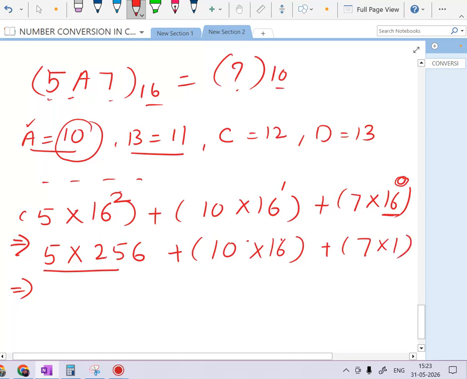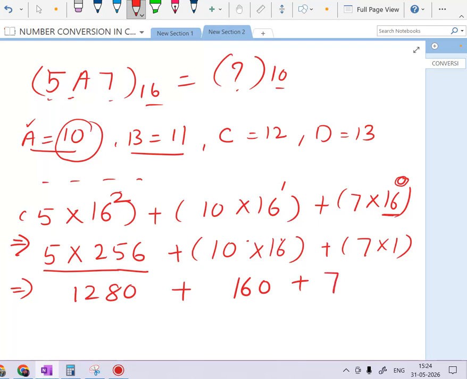Now what do you think we will get here? Here we will get 1280, and here we will get 160, and here we will get simply 7. So this way or this way, you have to simplify. And of course we have to show this also, because examiners sometimes don't accept the answer, so expand it and then do it.